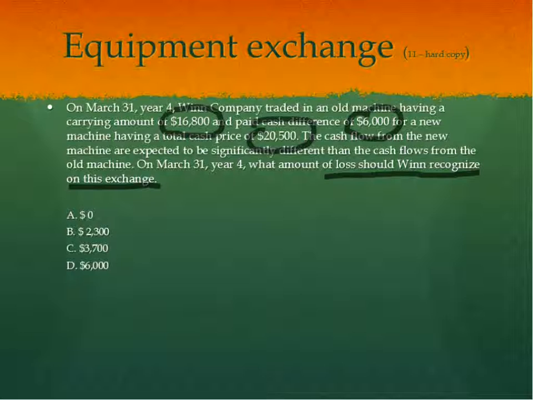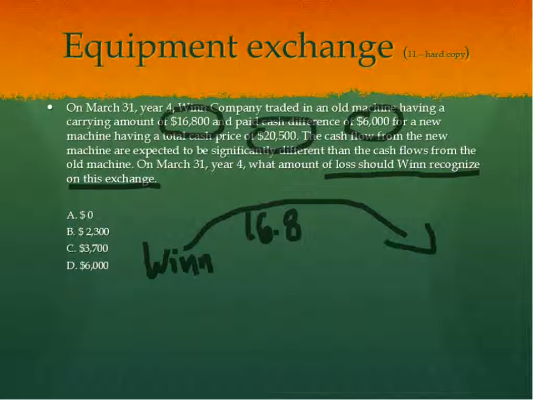So with Win Company, we have here Win Company, and it traded in a machine, right? So Win Company sent over to the other side a machine with book value of 16.8, right? 16.8.